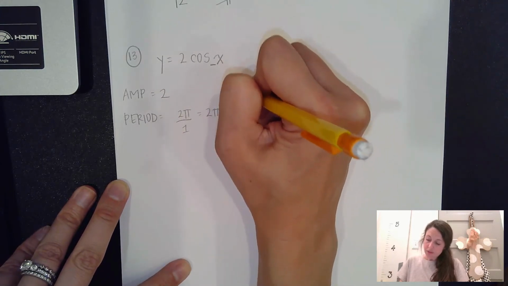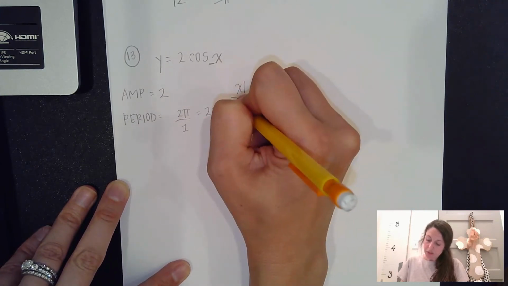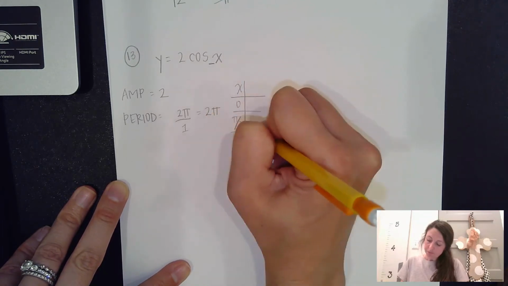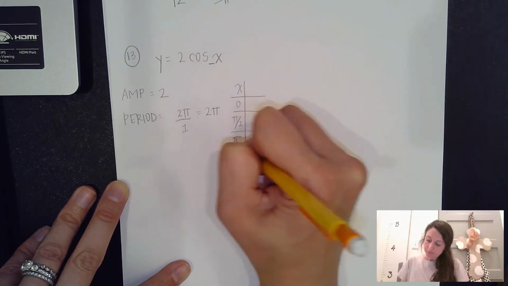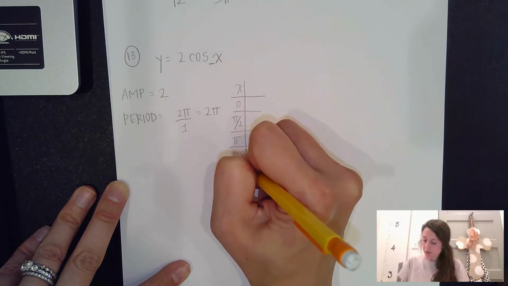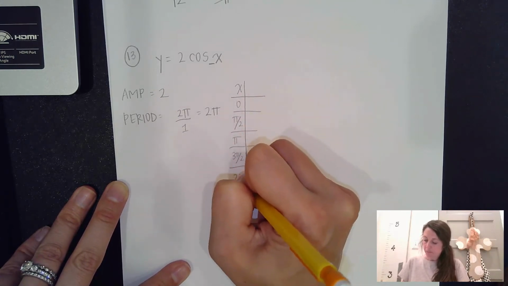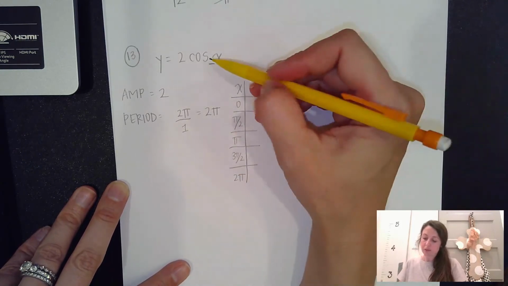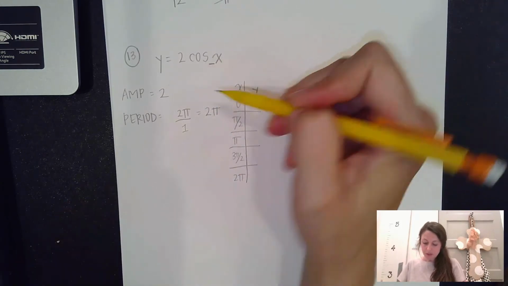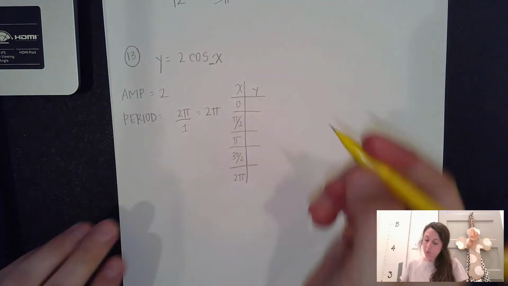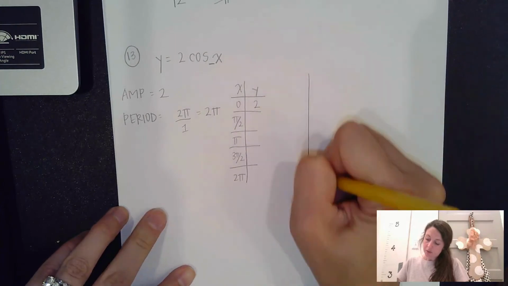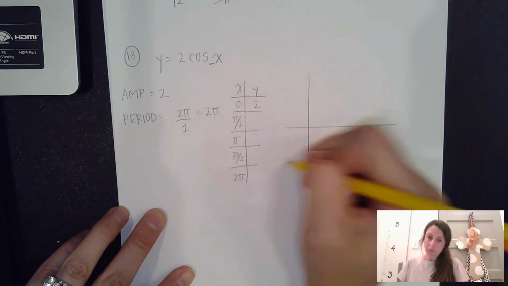So your x values are going to be 0, pi over 2, pi, 3 pi over 2, and then 2 pi.